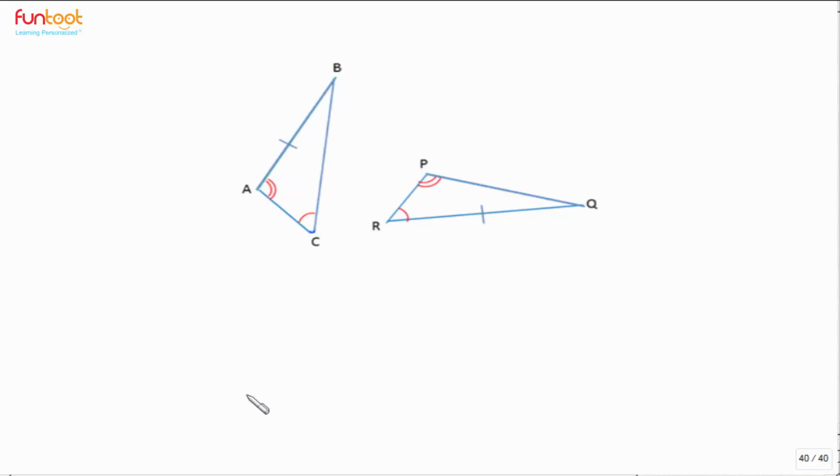Let's now check an example where we cannot apply AAS rule even when two pairs of corresponding angles and one pair of corresponding sides is equal. Let's consider these two triangles and let's see whether they are congruent or not. This is different from the first example we have discussed because in the first example, AB was equal to PQ, but now AB is equal to QR.